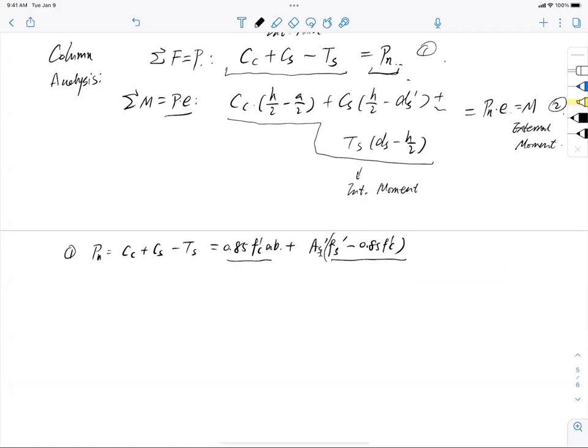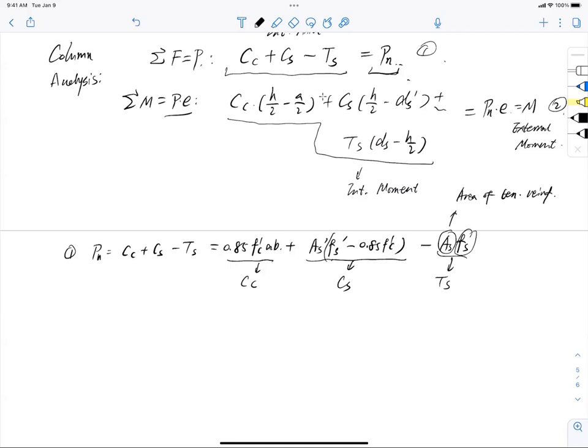So this is the concrete compression and this is the compression from the steel, and you also have a tension force from the steel, which is As fs. As is the area of tensile reinforcement, not too bad. But fs is the stress state inside the reinforcement.